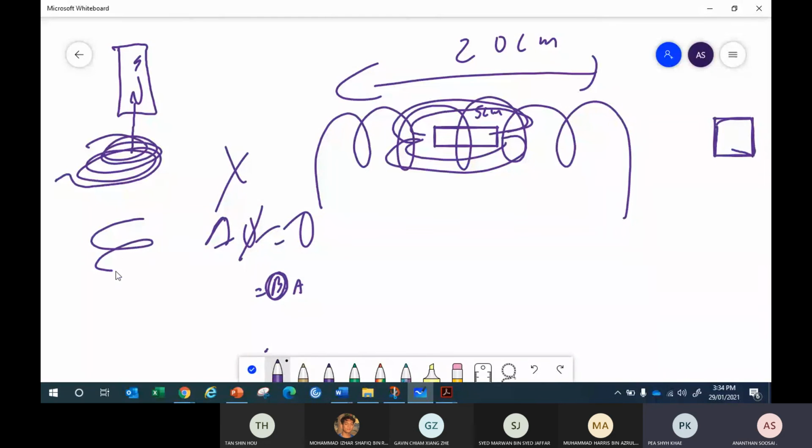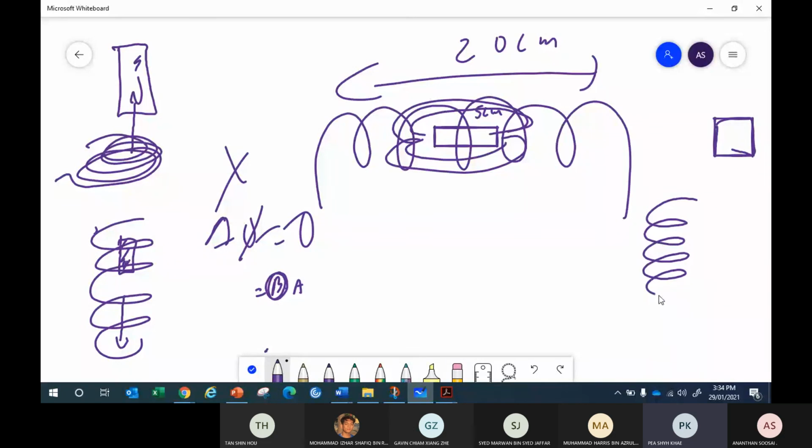Okay, if the coil is so huge, the magnet is going inside. But here the conductor is huge, the magnet is small. Then when the magnet moves down, won't the other end of the coil induce an EMF to attract the magnet to prevent it from moving?